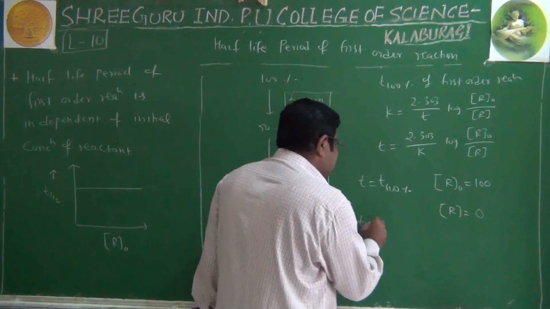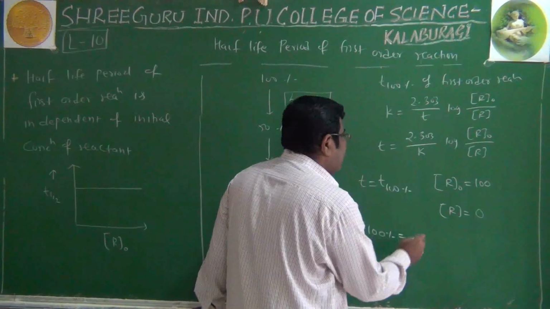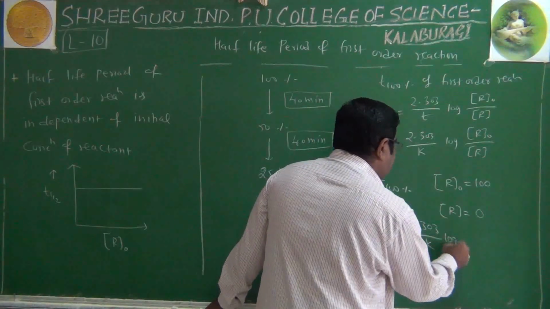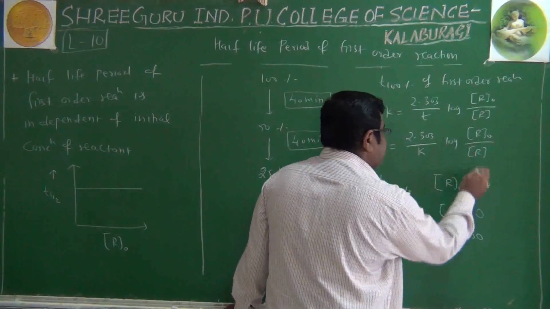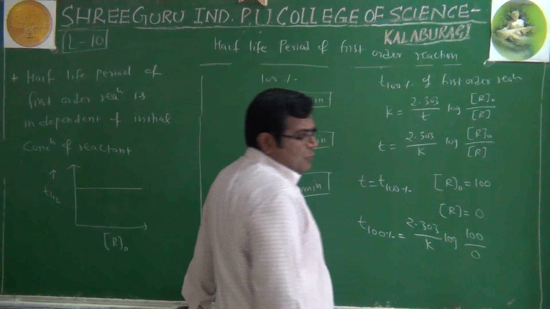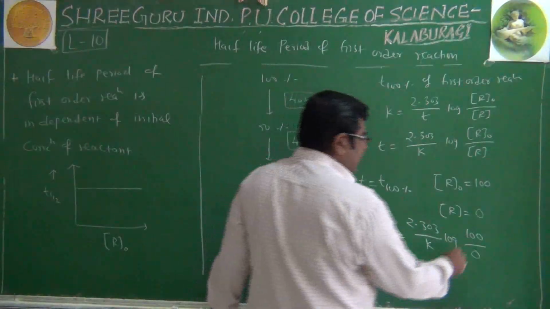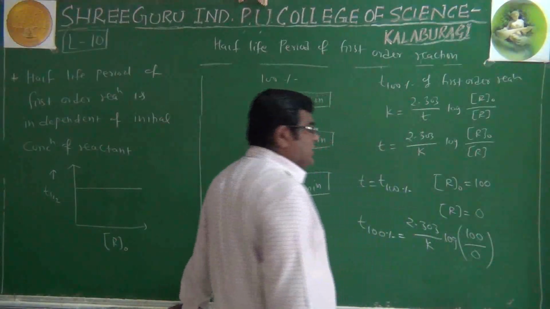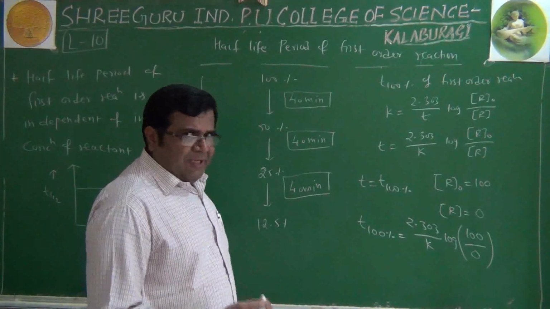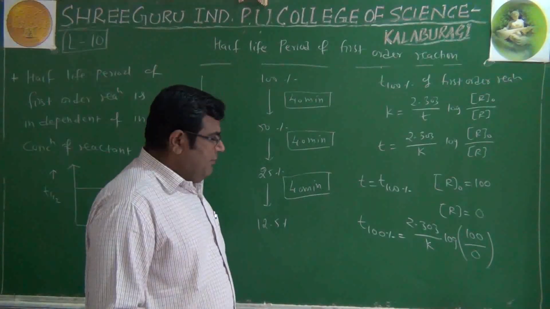So you can write t100% is equal to 2.303 by k log of R0, which is 100 from which we have started, divided by 0. And we know that any number divided by 0 we call infinity. It is not defined in the real sense.